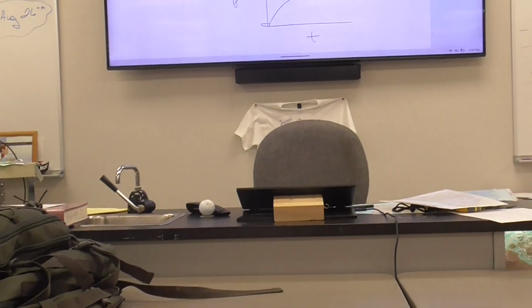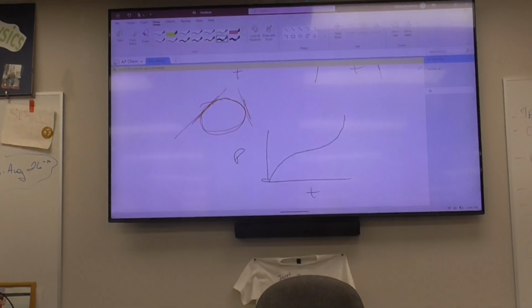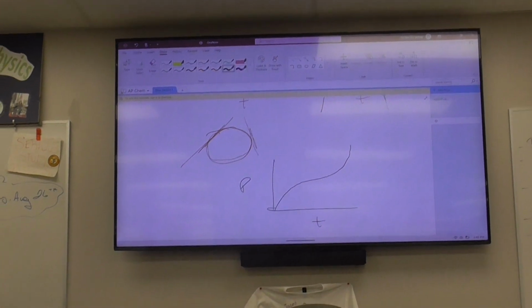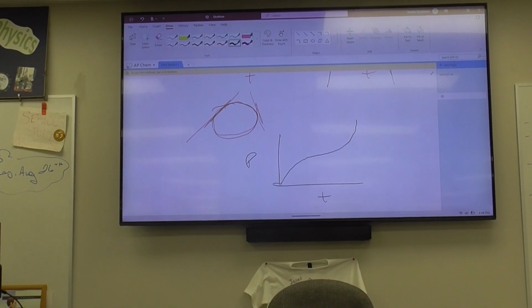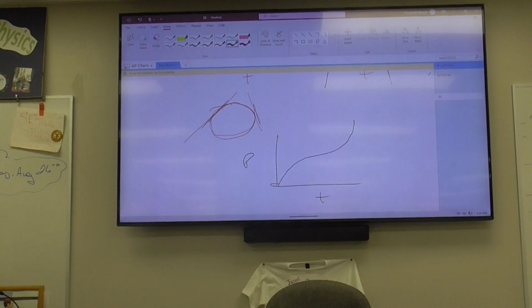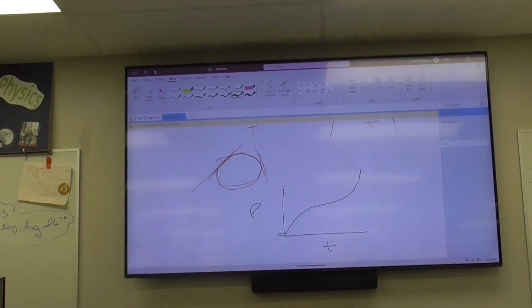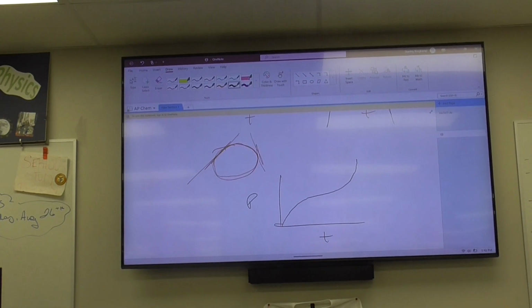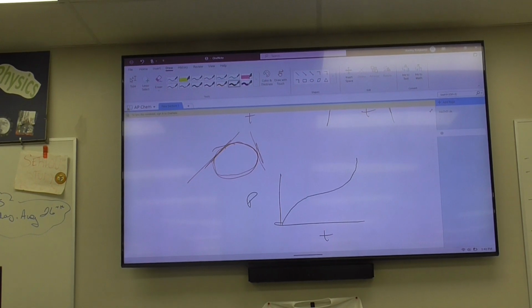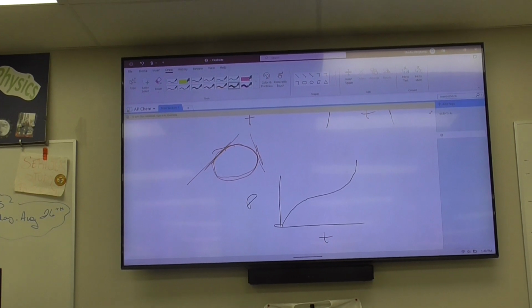And when you get them drawn, if I need volunteers, I want you to come up here and draw what you think the position time graph is going to look like and what the velocity time graph is going to look like. And if you have something different than what somebody else has drawn, draw that. But you only get to draw one line.